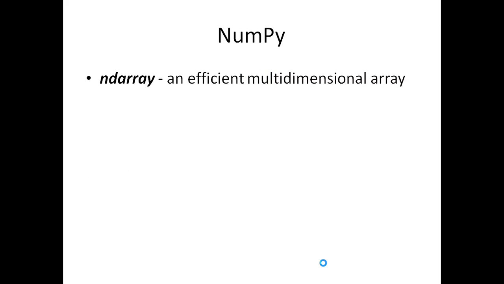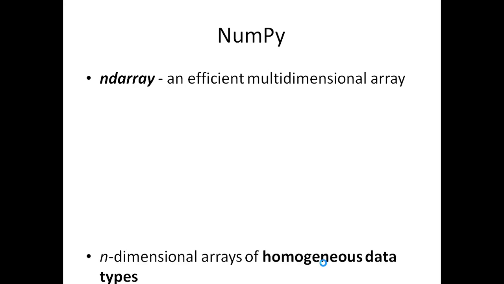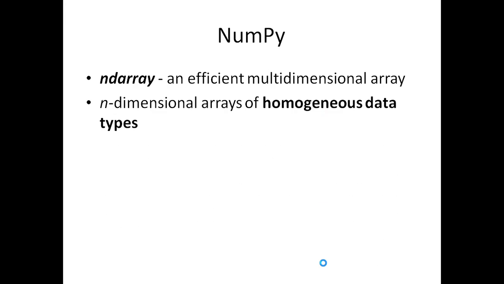The core thing of NumPy is ndarray, which stands for n-dimensional array. It is an efficient multi-dimensional array. n-dimensional arrays are of homogeneous data type. That means all the elements will be of the same data type.